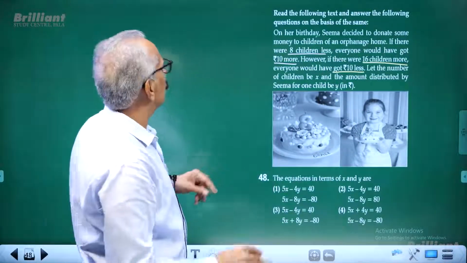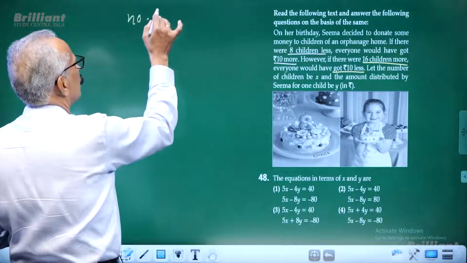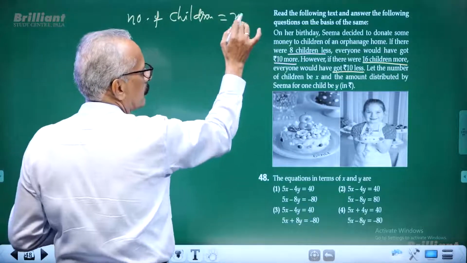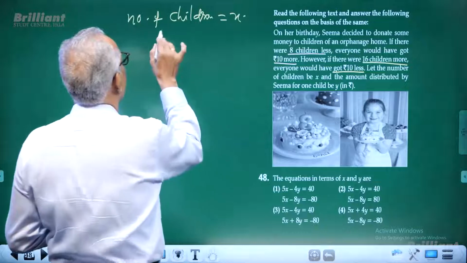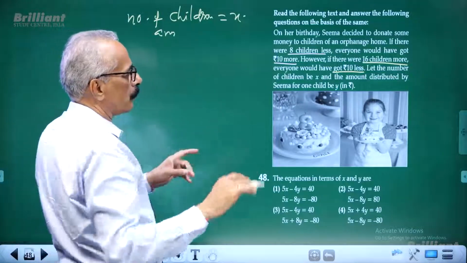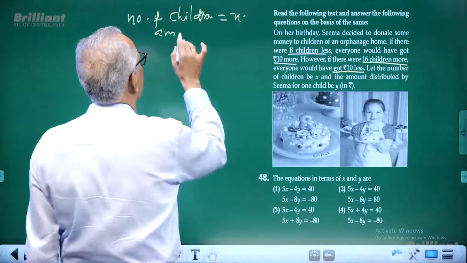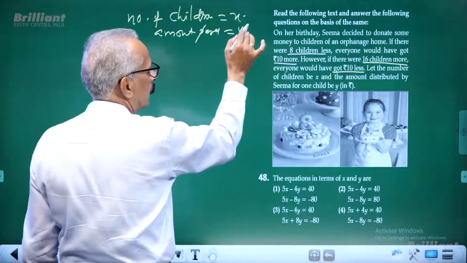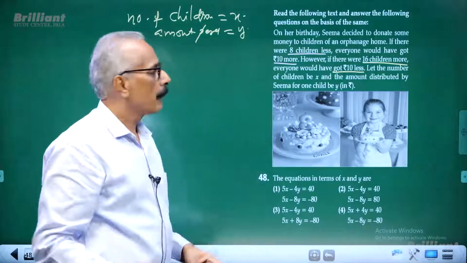Let the number of children equal x. Amount of money distributed to each child, amount per child, is y.